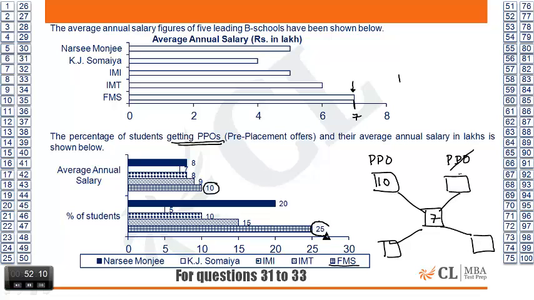And 25% of the students get PPO, which means 1/4 of the students get PPO, 3/4 of the students do not get PPO. So this ratio is 1:3. This difference is 3. Very good. 3 corresponds to 3. Therefore, 1 has to correspond to 1. Therefore, this has to be equal to 6, no? Yeah, 6, 10, 7, 6. Okay, 6.